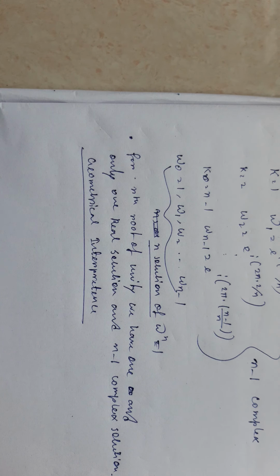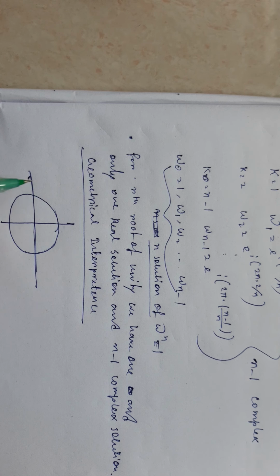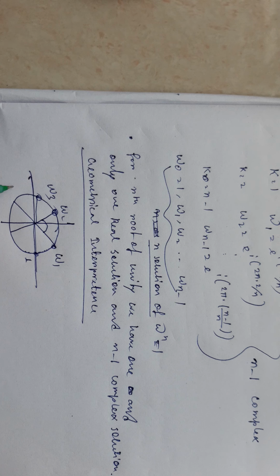If we plot these n roots, the one real and n minus 1 complex roots, in the complex plane, we get a unit circle, and they are spaced at an equal angle between two consecutive numbers. If this is omega 1, this is omega 2, this is omega 3 and omega 4, and the last one will be omega n minus 1, and every angle is 2 pi by n.